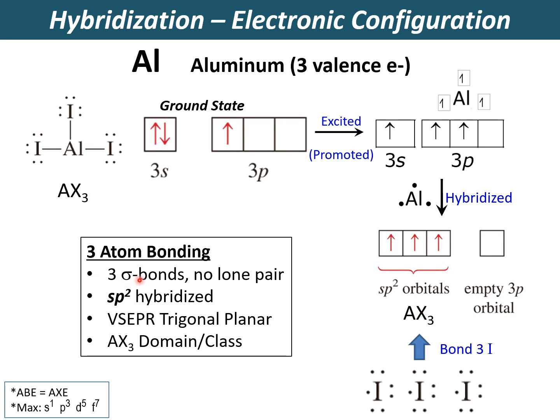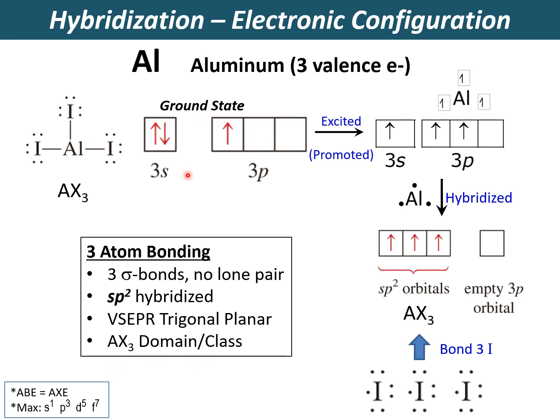So we have 3 sigma bonds here, no lone pair, and we can look at this hybridized promoted state, and we don't see any pairing, so there are no lone pairs. sp2, sp2. This we memorize as VSEPR trigonal planar because it has that geometry, and it's an AX3 domain class which we simply learn how to name.